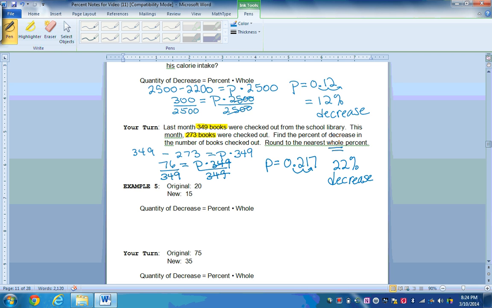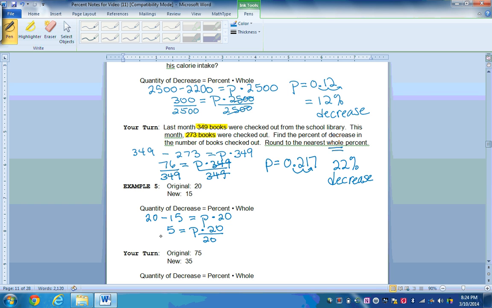In example 5, moving on here, we have the same type of thing that we had on the percent of increase, where we're going to have to subtract our original and our new. So 20 minus 15 will equal my percent P times my whole, which was my original, the starting number. 20 minus 15 is 5. That equals P times 20.